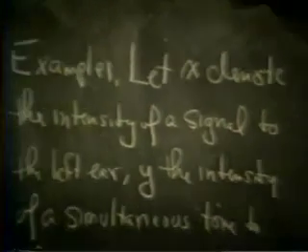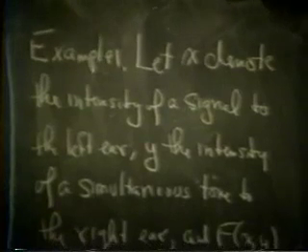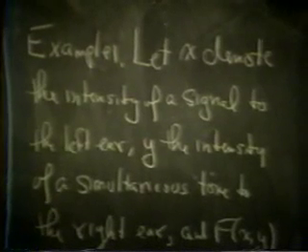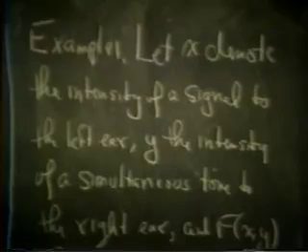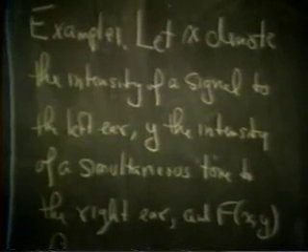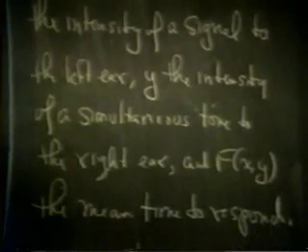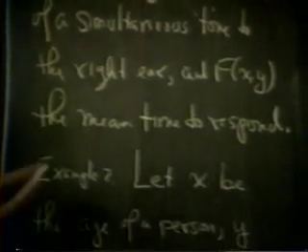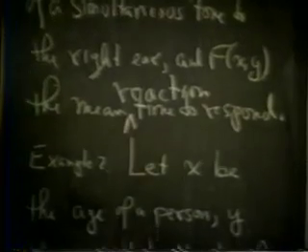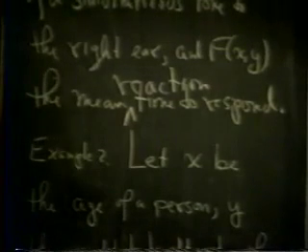First example, let us denote by X, a real number, the intensity of a signal that is being presented to the left ear, and Y, the intensity of a simultaneous signal or tone to the right ear. And let us denote by F of X, Y, the mean reaction time to respond to that signal complex, so that the subject is sitting and waiting to respond.